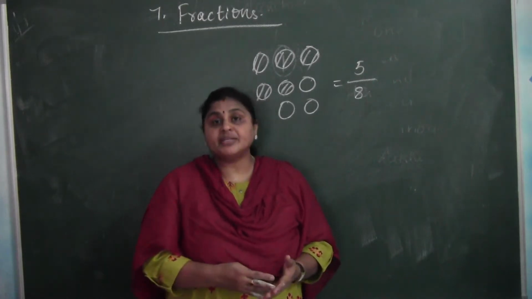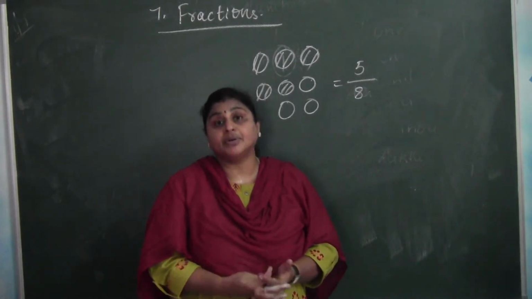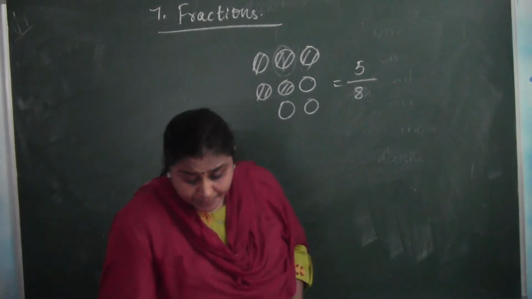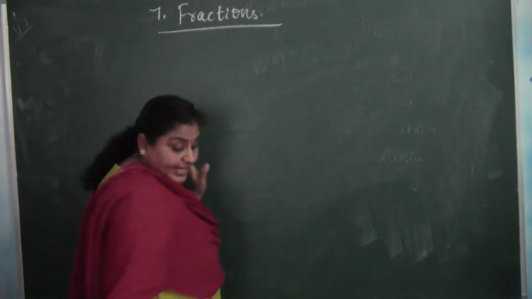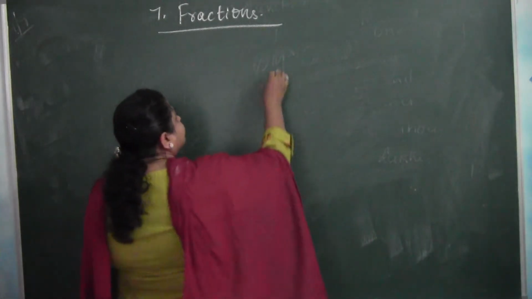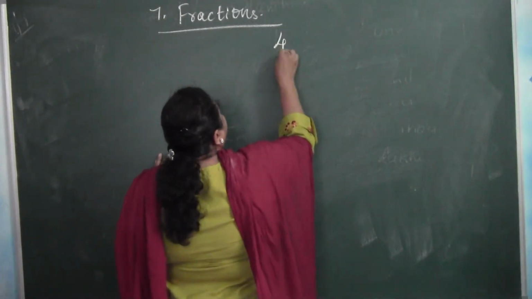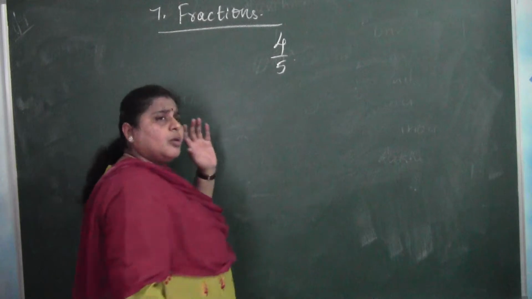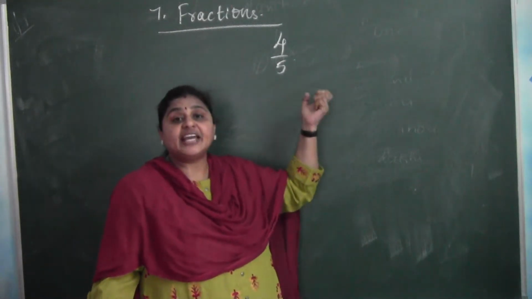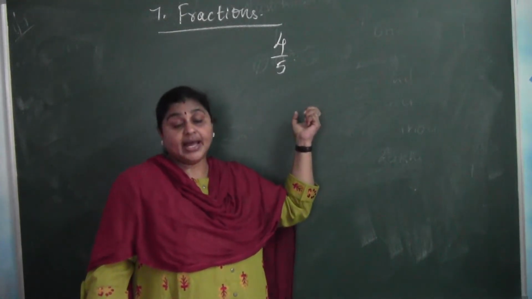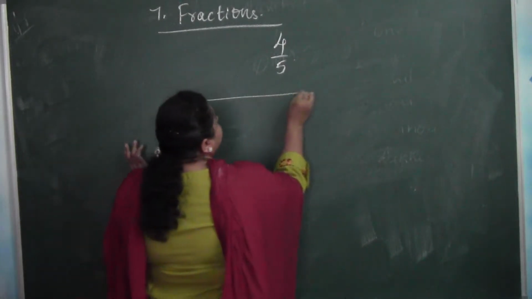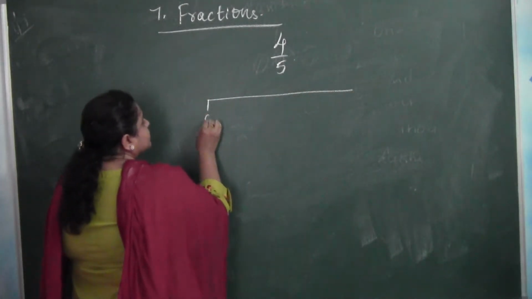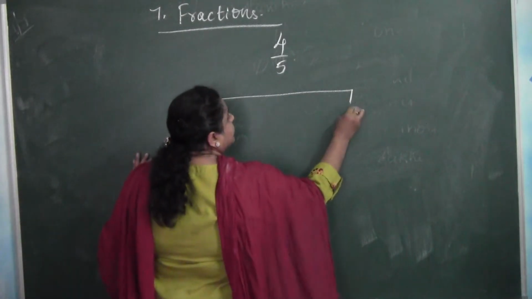And how to represent a fraction on a number line. Let us take 4 by 5. Obviously, 4 by 5 lies between 0 and 1. So first draw a line with 0 and 1.